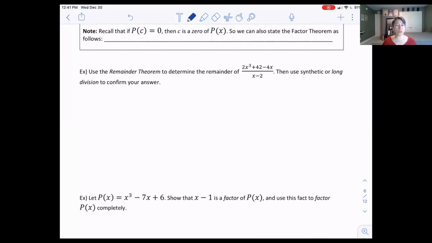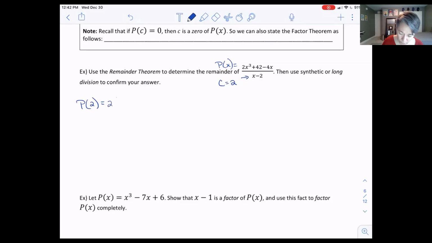Use the remainder theorem to determine the remainder of that rational expression. Well, we are dividing by the form x minus some number c, and it could be a negative or positive. But in this case, that just means that my c is 2, and this top numerator is my polynomial that I'm dividing. So let's plug in 2 into that top polynomial.